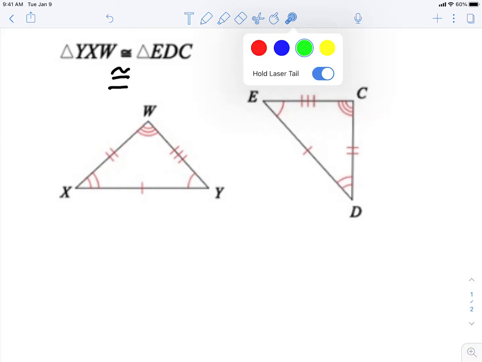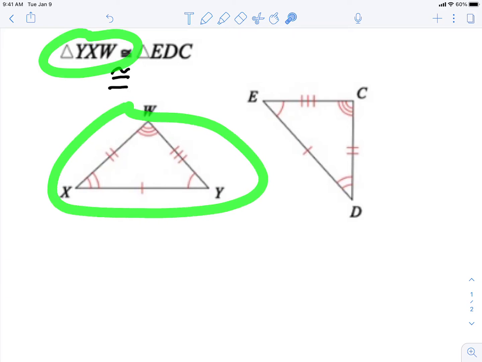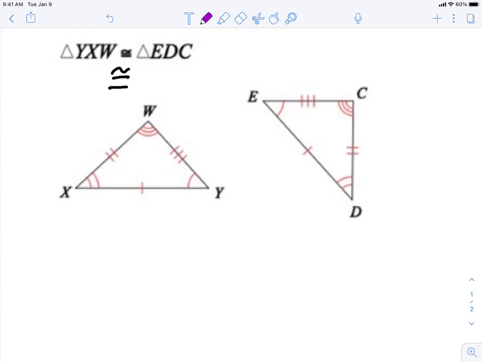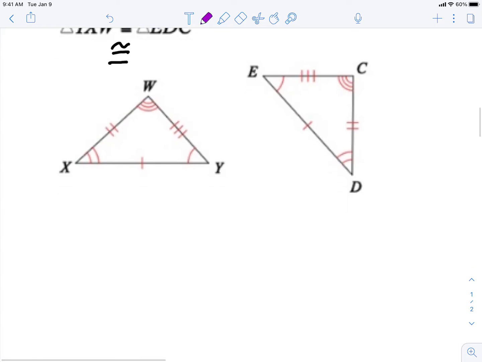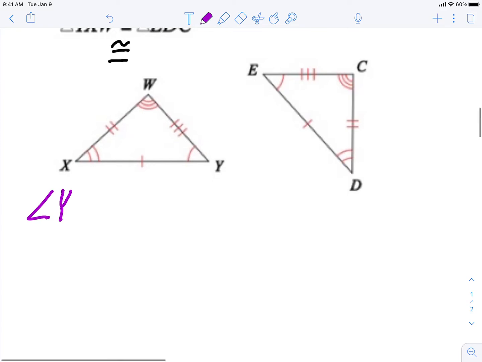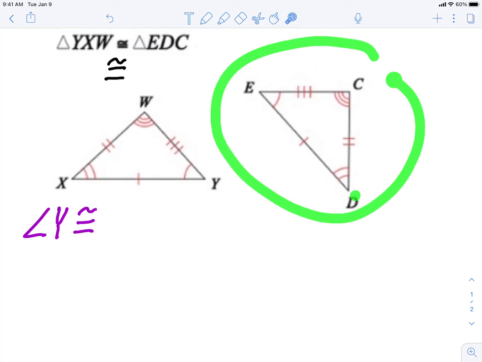This triangle, YXW, is first. So first let's deal with the angles. This is angle Y. I'm going to write angle Y is congruent to, well, now I look at this triangle right here.